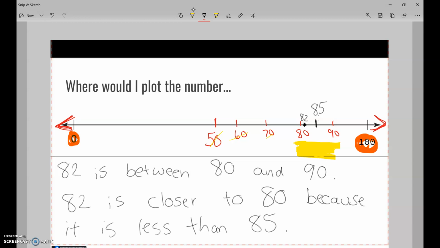You can put that. It only has 2 extra ones, 80 and then 2 more ones. Okay, this explanation, it can change depending on your thinking. Right now I put less than 85 because I actually did use 85.